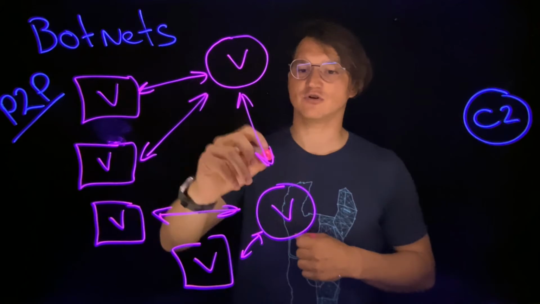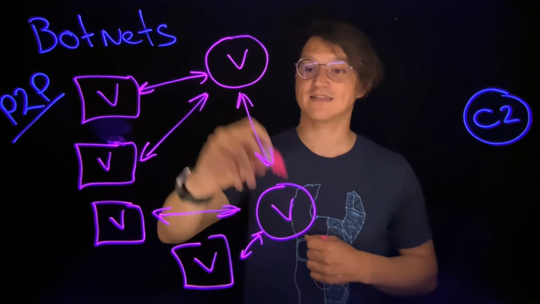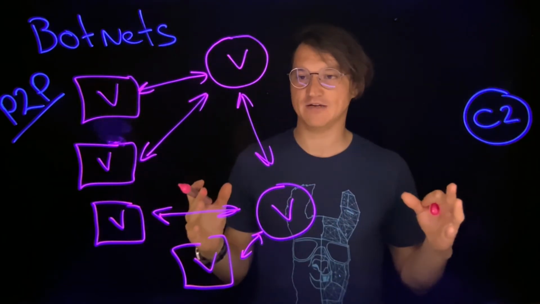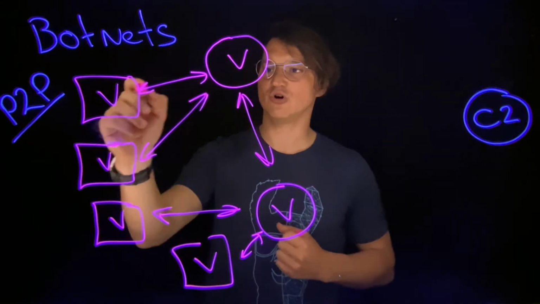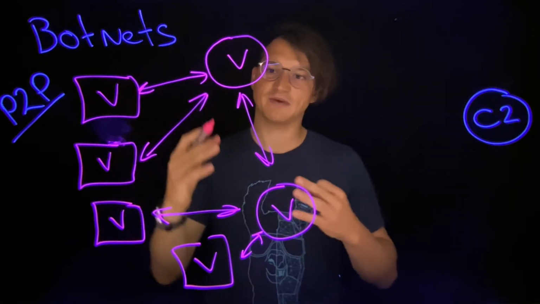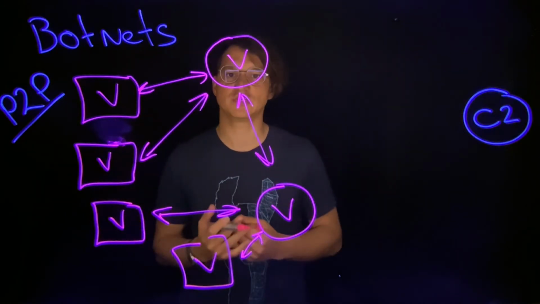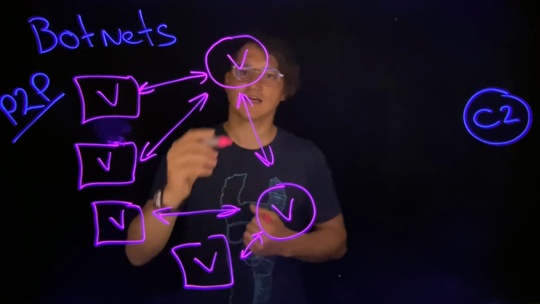Those proxy nodes are accessible from the internet, and they can exchange the list of other nodes they are aware of. As a result, at any period of time, each node knows about another, let's say, 100 nodes, which are available for that node to connect to and get instructions.